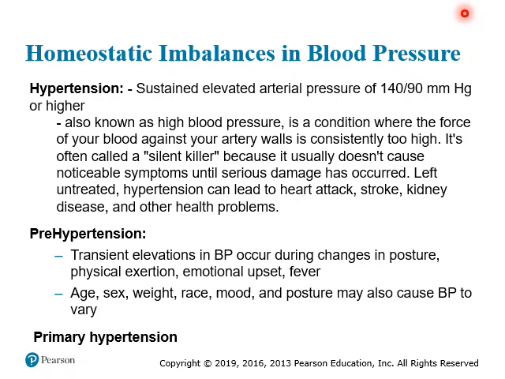It is a condition where the force of your blood against your artery walls is consistently too high. It is called the silent killer because it usually doesn't cause noticeable symptoms until there's already serious damage that has occurred. If left untreated, hypertension can lead to a heart attack or a stroke or kidney disease and other health problems.